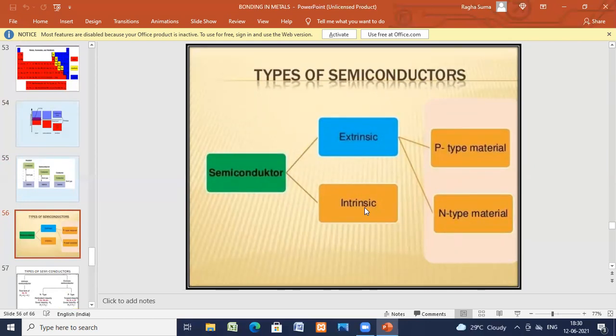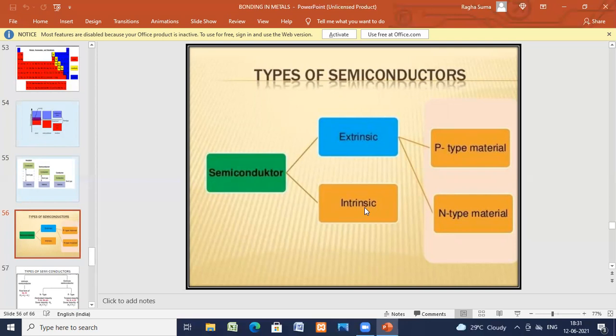Carrier concentration in the intrinsic semiconductor: when a suitable form of energy is supplied to a semiconductor, an electron takes transition from the valence band to the conduction band. Hence, a free electron in the conduction band and simultaneously a free hole in the valence band is formed.